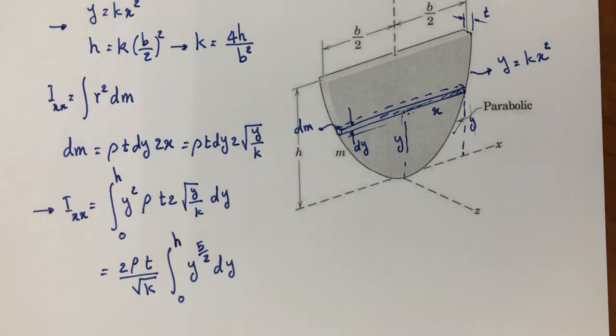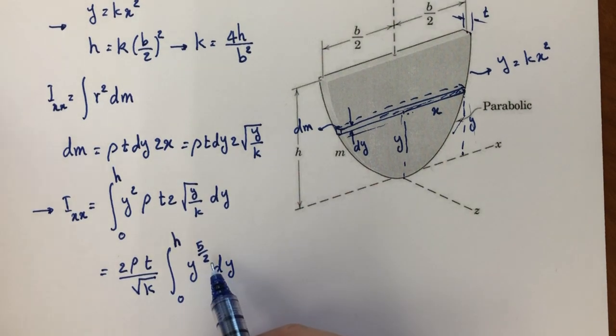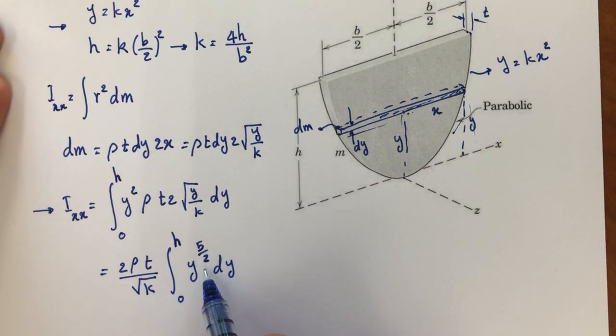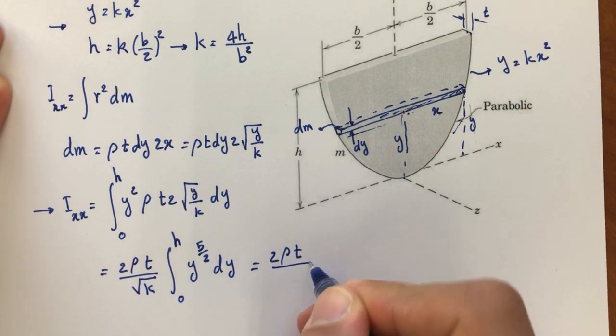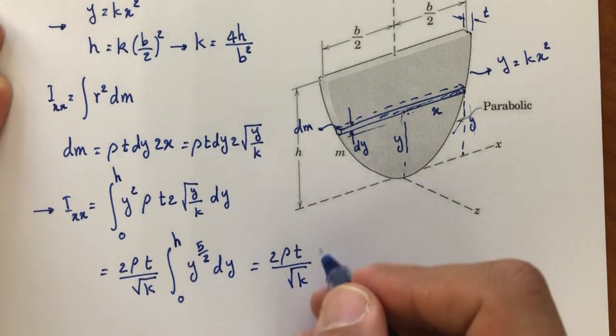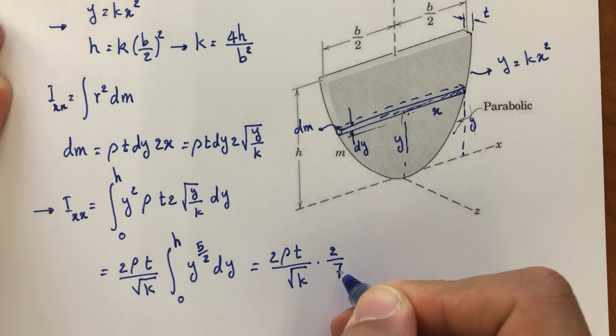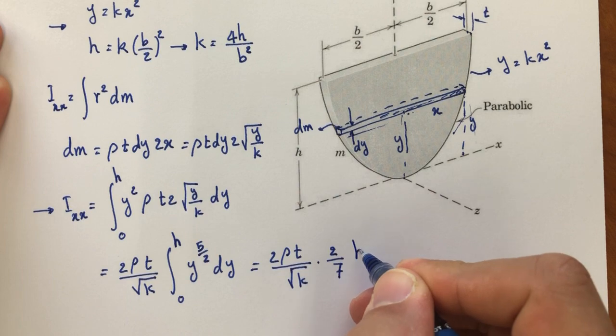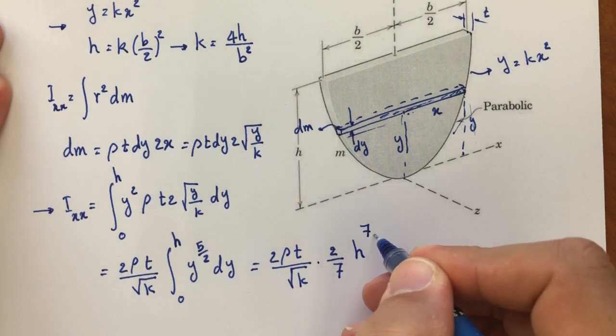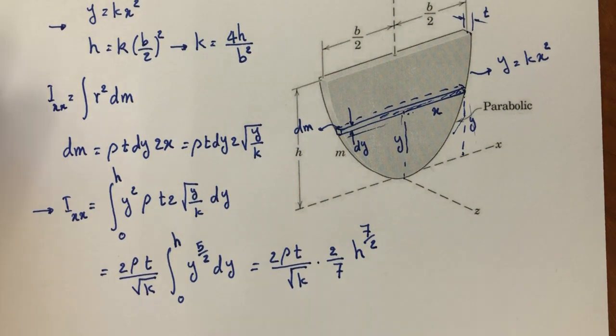And the integral of y to the 5 over 2 is going to be 1 over 7 over 2, or 2 over 7, times y to the power of 7 over 2. So it's going to be equal to 2 rho t over square root of k times 2 over 7 times y to the power of 7 over 2. From 0 to h is going to be h to the power of 7 over 2. So we have this complicated equation for Ixx.